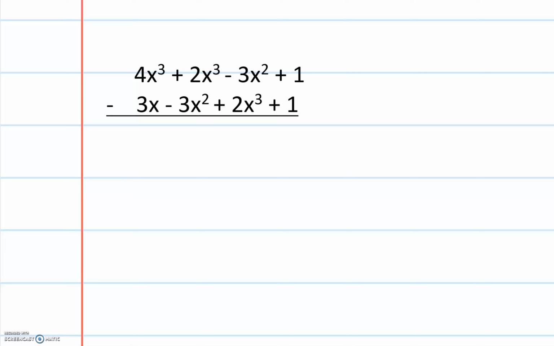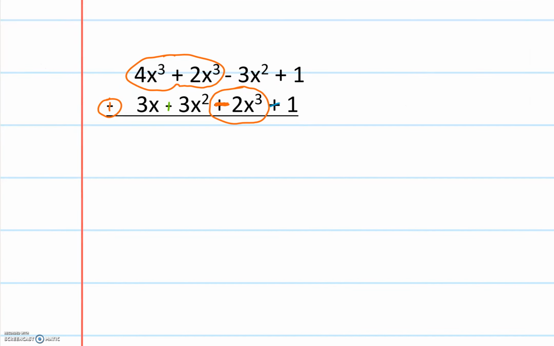Okay, so first of all, I have these different degrees of 3, which is good. Okay, but if this sign flips to a positive, I want to flip this sign to a negative. And let's go through all of these. This one I'll flip to a positive.